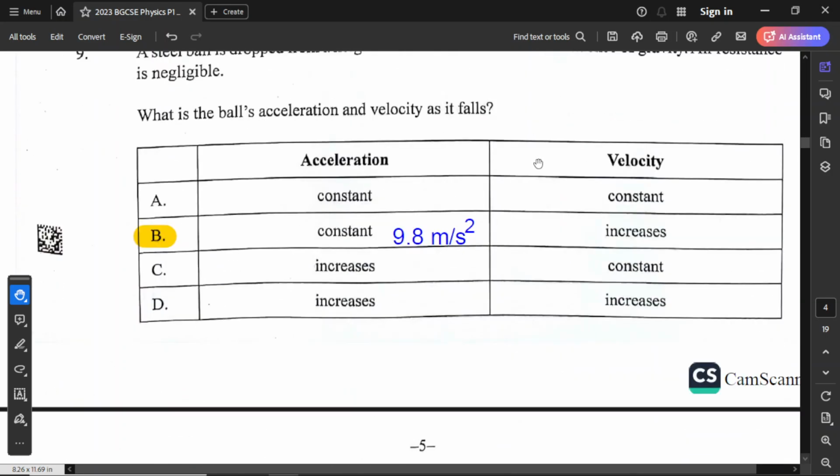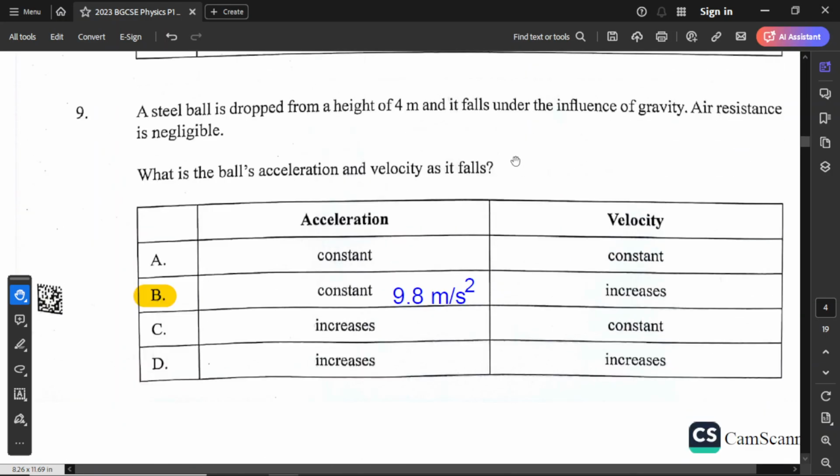All right. Question number 9: a steel ball is dropped from a height of 4 meters and it falls under the influence of gravity. Air resistance is negligible, and that means that air resistance has no effect on the ball, or even any force, really.